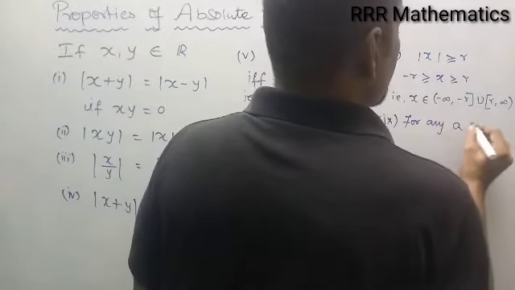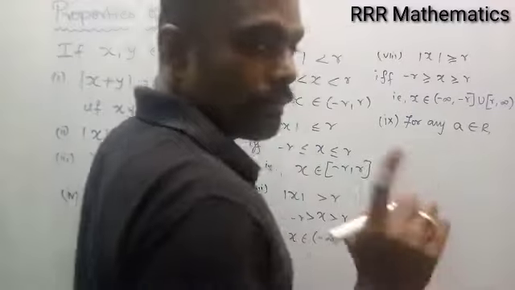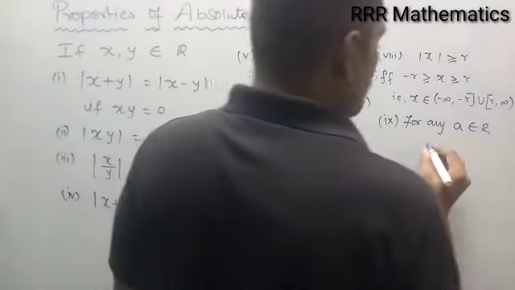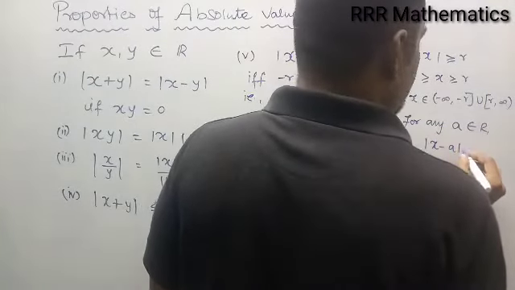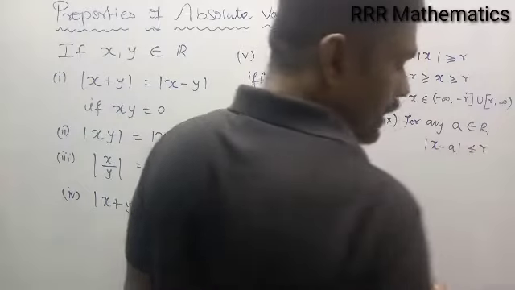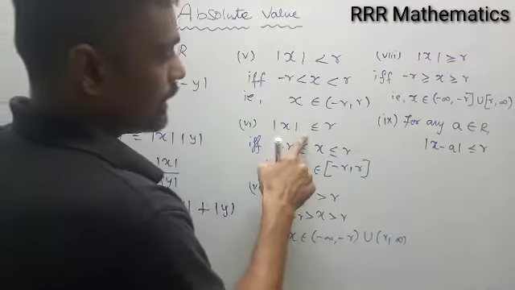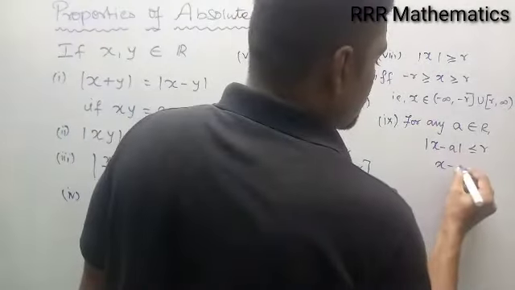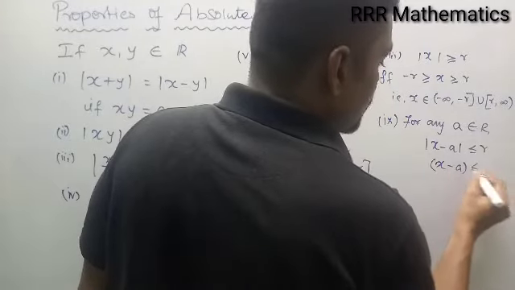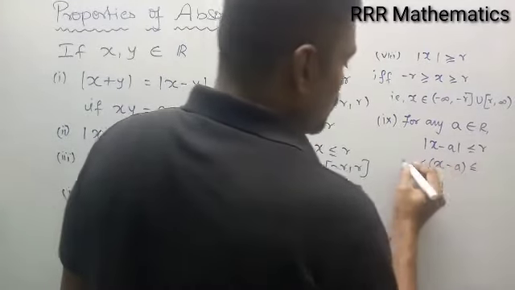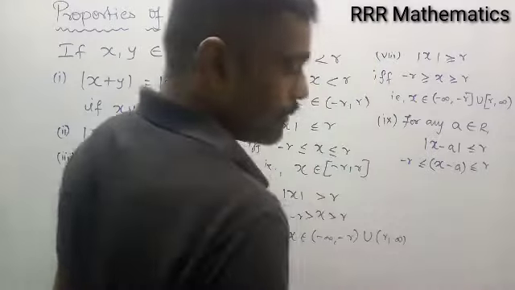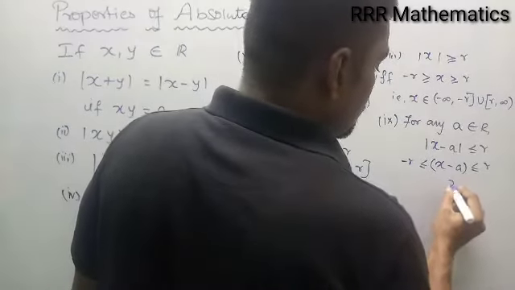For any a belongs to R, your modulus of x minus a less than or equal to r. It means in this category. Inside the modulus x minus a, same sign less than or equal to, put negative to positive. That is x.